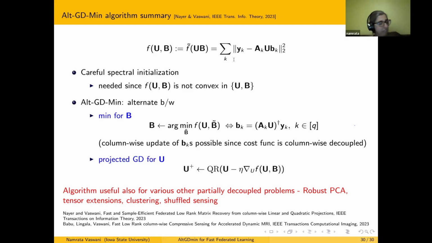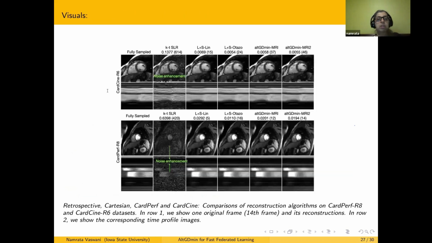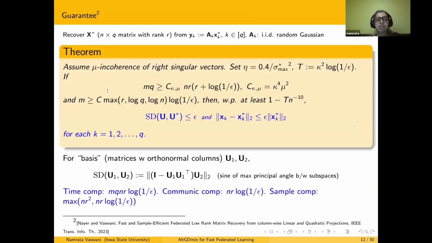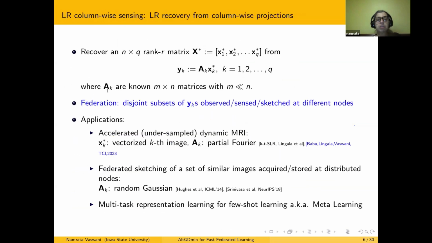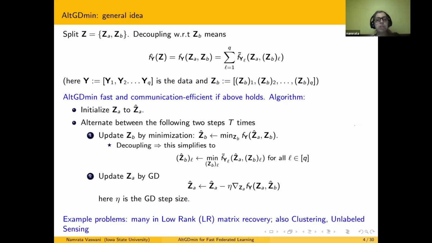Yes. I've not had the ability to work on this, though I've thought about it in the context of proposals I wrote. The general assumption you would need, going back to my first slide, is for the minimization step to be fast, so you'll need this kind of decoupling property. Then for the gradient step, you're just doing gradient with respect to ZA.